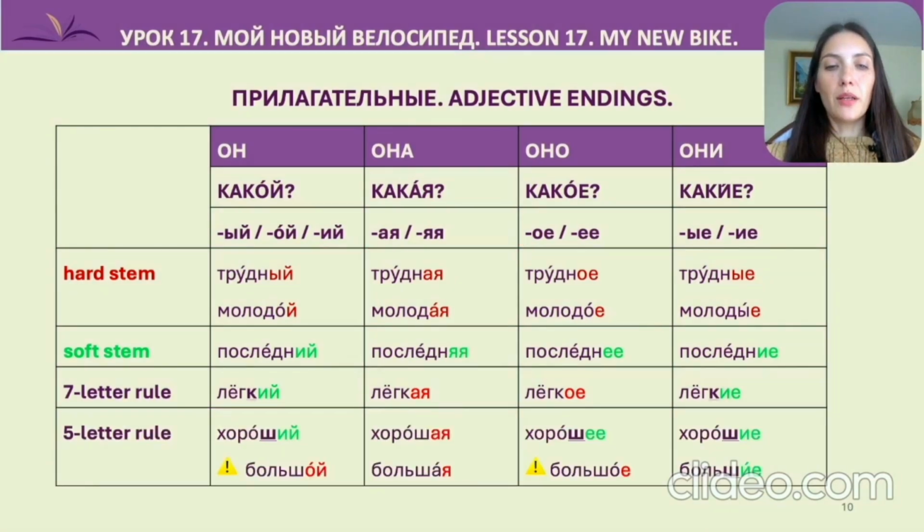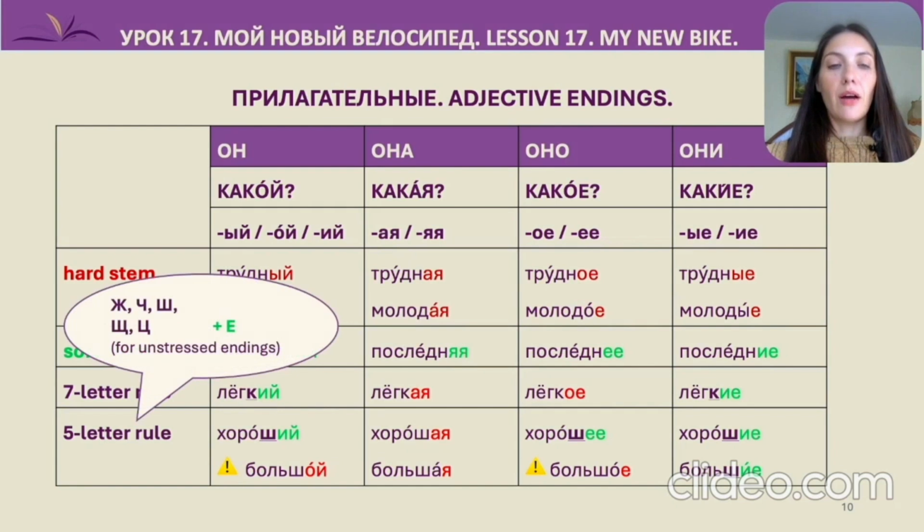The last group is the adjectives that follow the 5-letter rule. What is the 5-letter rule? The 5 letters are Ж, Ч, Ш, Щ, Ц. It's a little bit similar to the 7-letter rule, but it doesn't use these letters К, Г, Х, only Ж, Ч, Ш, Щ, plus Ц.